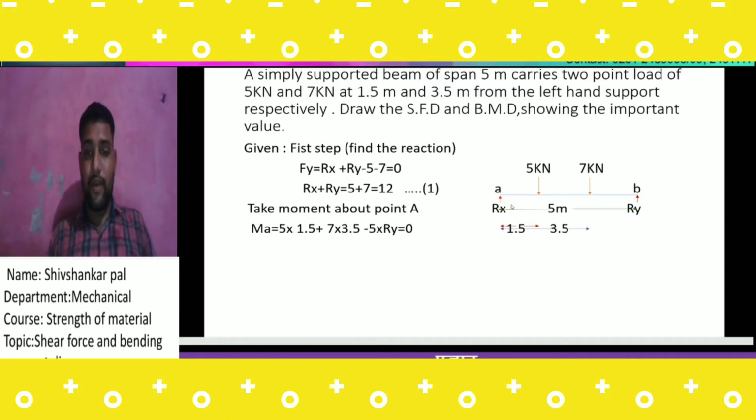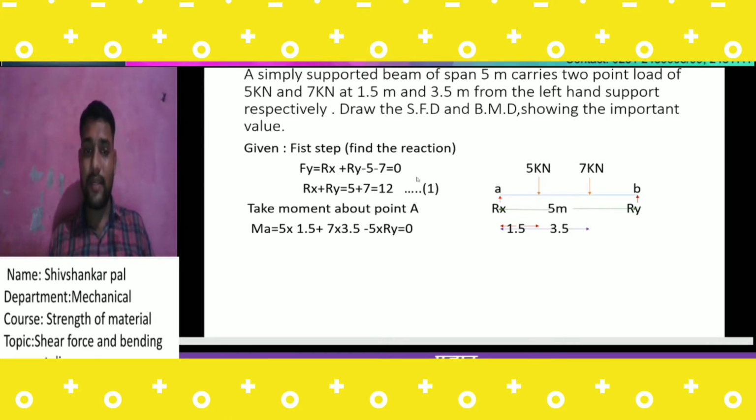So the reaction force in the y direction goes upward, so it is positive: Rx plus Ry go upward, and minus 5 means our 5 kilonewton applied on the beam is in the downward direction.